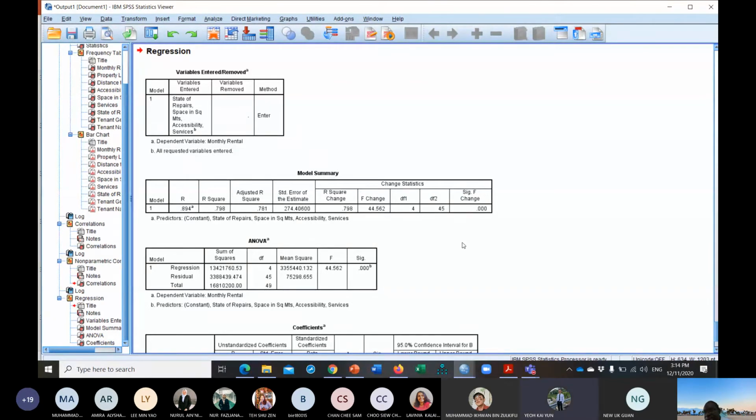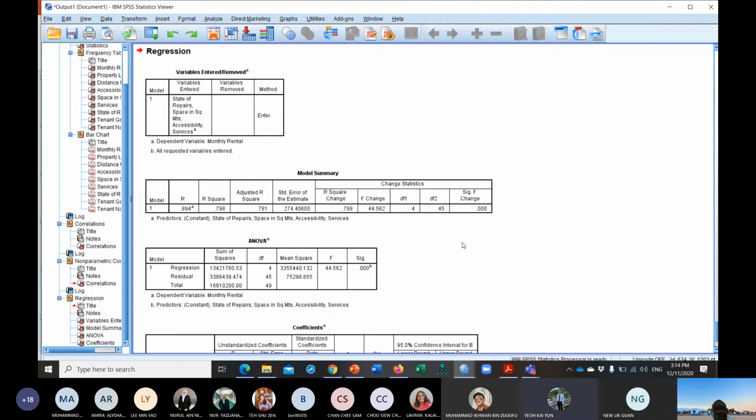Is that okay? Doctor, the factors you mean are all the factors you just keyed in just now, right? All the 4 factors we keyed in, which are state of repair, space, accessibility, and services. So from our data, these 4 factors are contributing 80% to the rent.